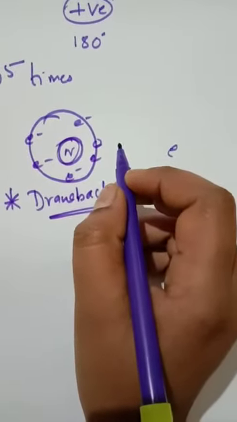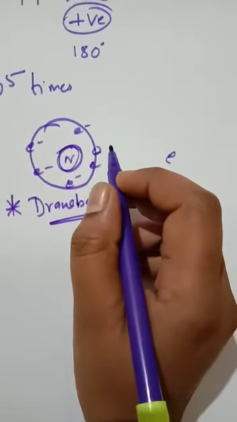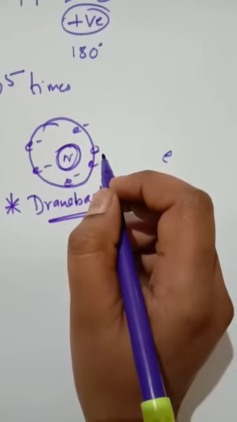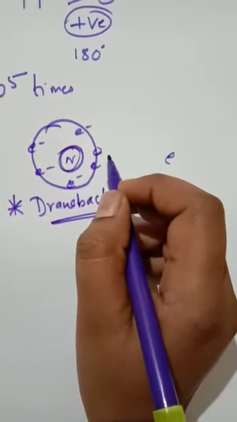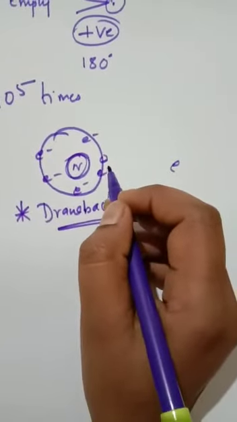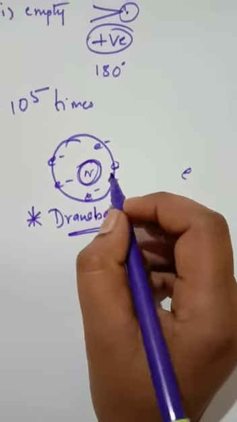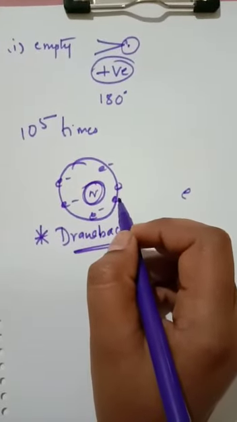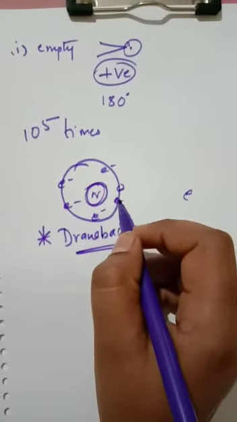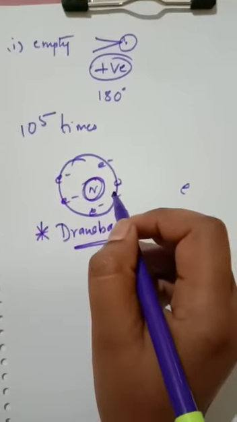Any particle in a circular orbit would undergo acceleration. During this acceleration, the charged particles would radiate energy. So the revolving electron would lose energy and finally fall into the nucleus.